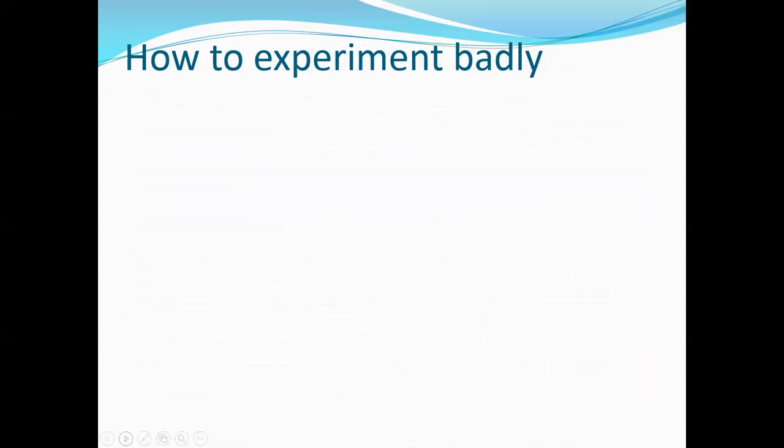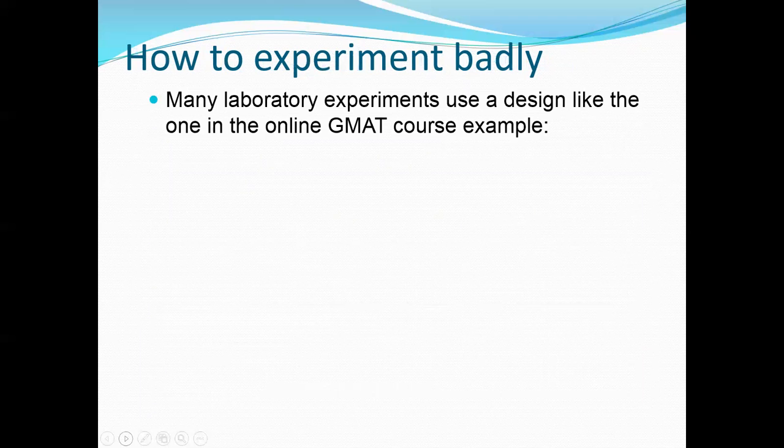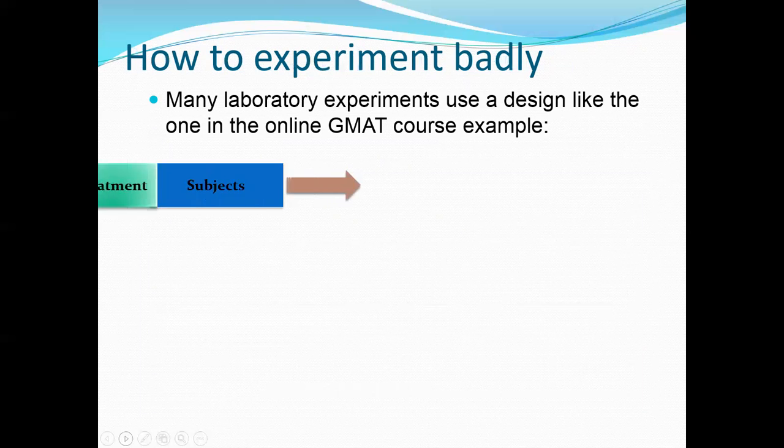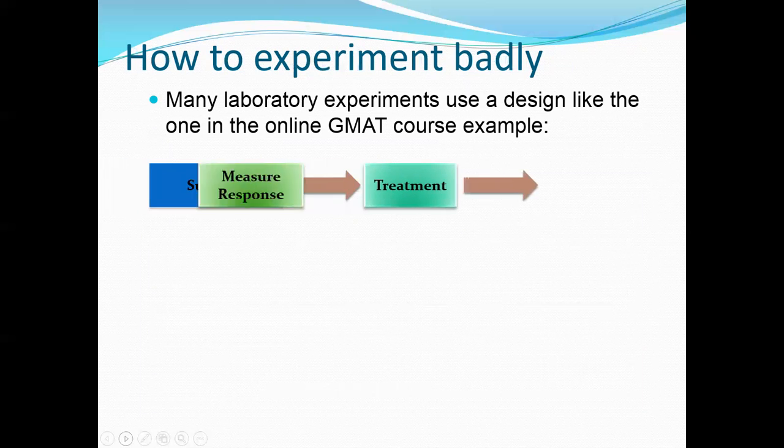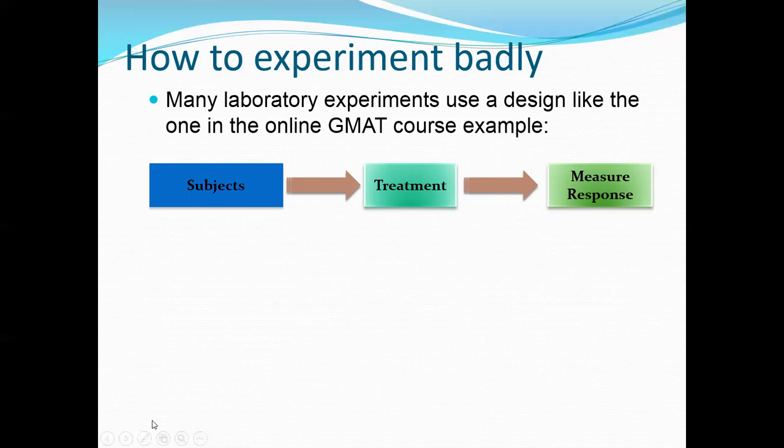How to experiment badly. Many laboratory experiments use a design like the one in the online GMAT course example, where the first step is the subjects, the second is the treatment, and the third is the measured response.